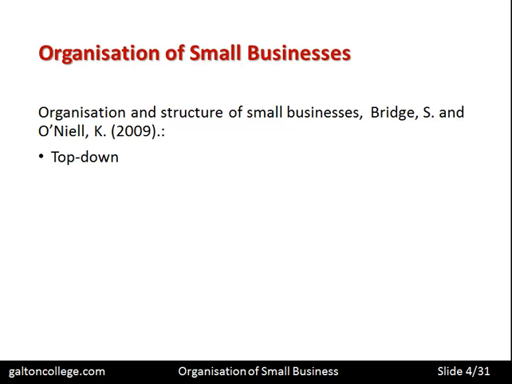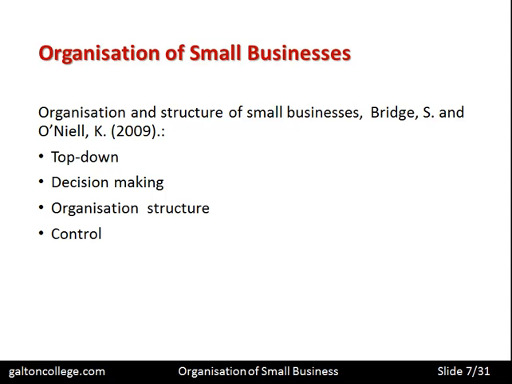They look at it as an issue of top-down decision making, organization structure, control, a lack of objectivity. And what we're going to do in the video is to look at each one of these in slightly more detail. So we're just going to look at organization of small business in the context of the top-down discussion, decision making, and so on. So let's start with the top-down.